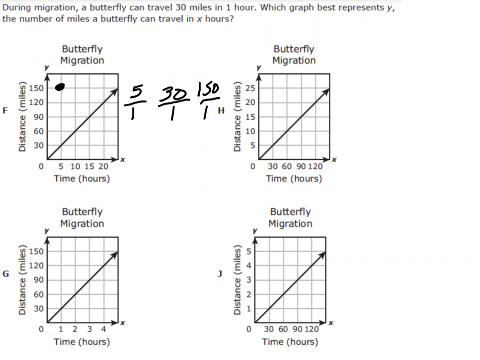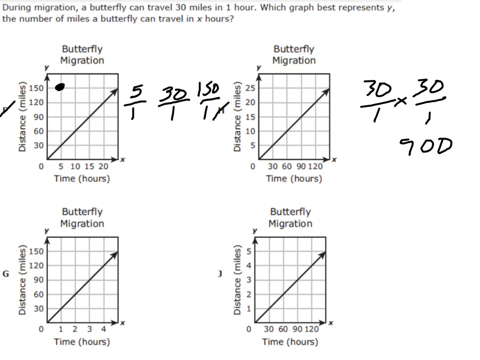That is not on the line. Check this out. In 30 hours, so that would be 900. That's not even on our graph. So we know that not only is F wrong, but H is wrong.